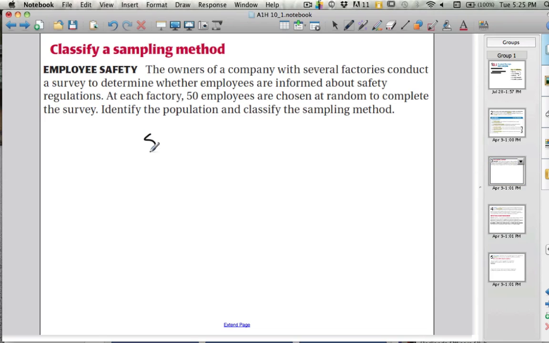This is a stratified random sample. The population is all of the employees of the company, and the methodology is stratified random sample.